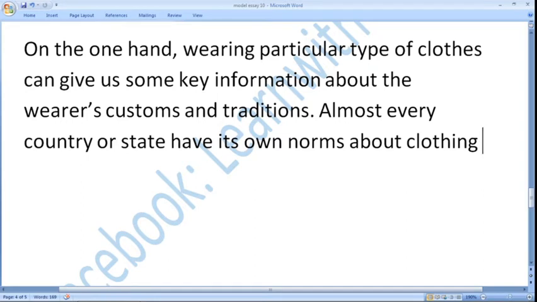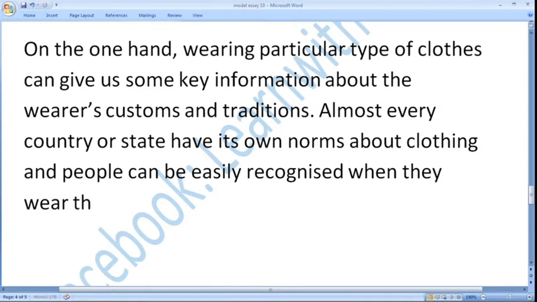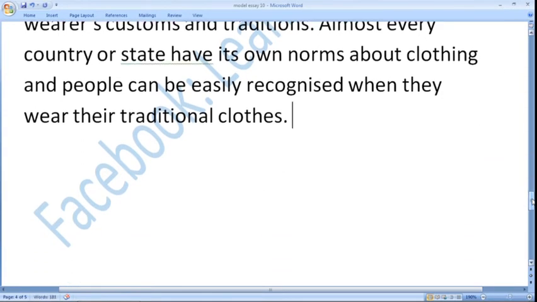Almost every country or state has its own norms about clothing, and people can be easily recognized when they wear their traditional clothes.